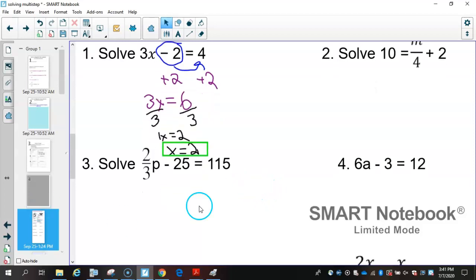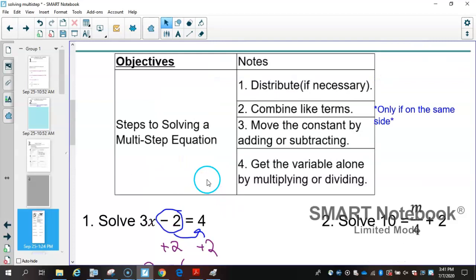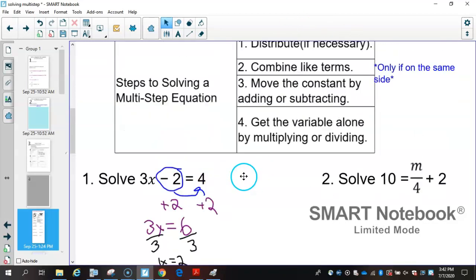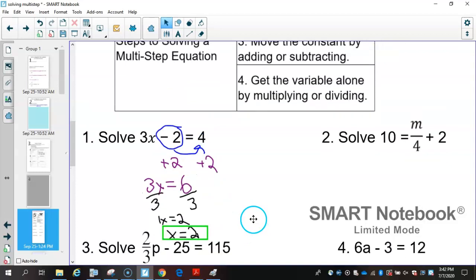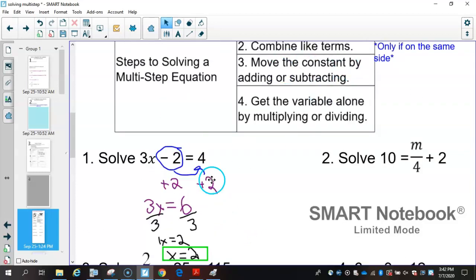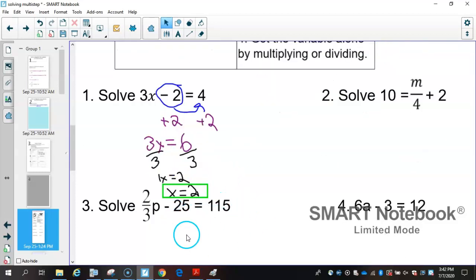Alright, let's talk about this number 3 here. Because it's almost the same, but it's a little different. Going back to the notes, we don't have anything to distribute. We don't have any like terms on this side or on this side to combine. So we can start by moving the constant by adding or subtracting. Now if you wanted to move this first, that's fine.